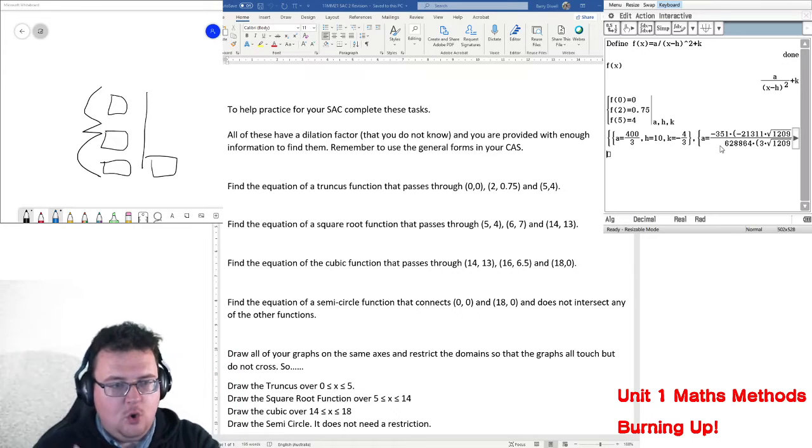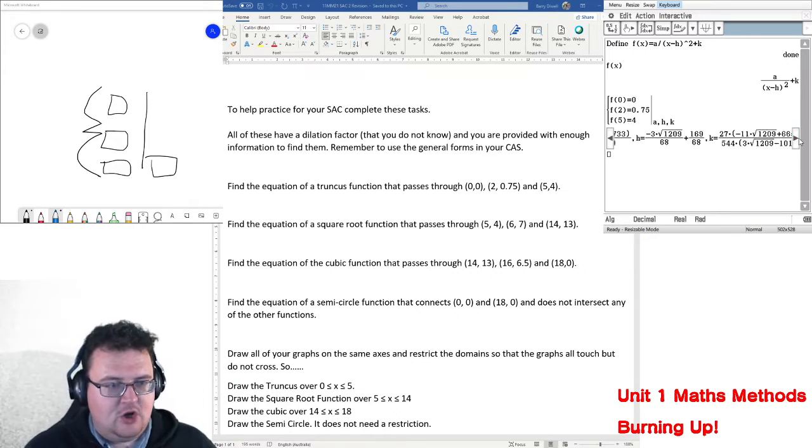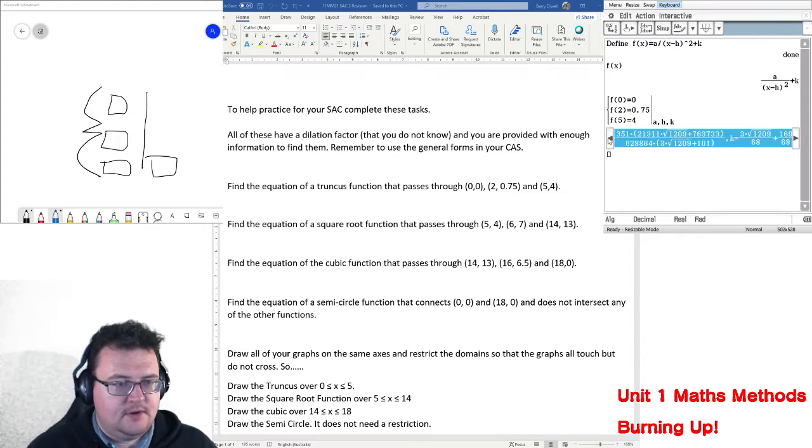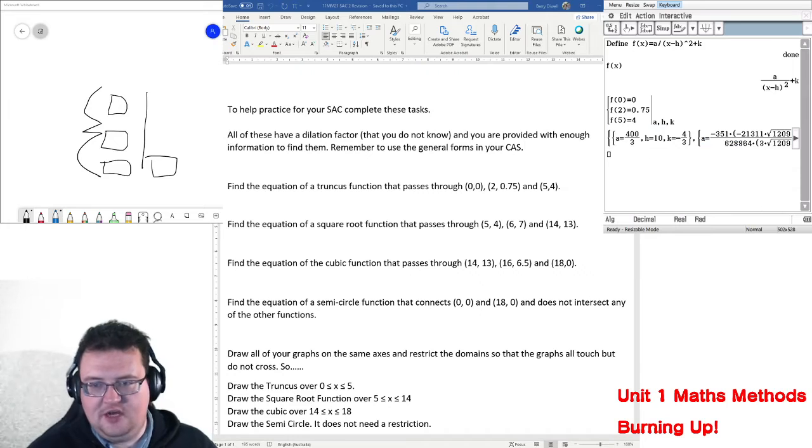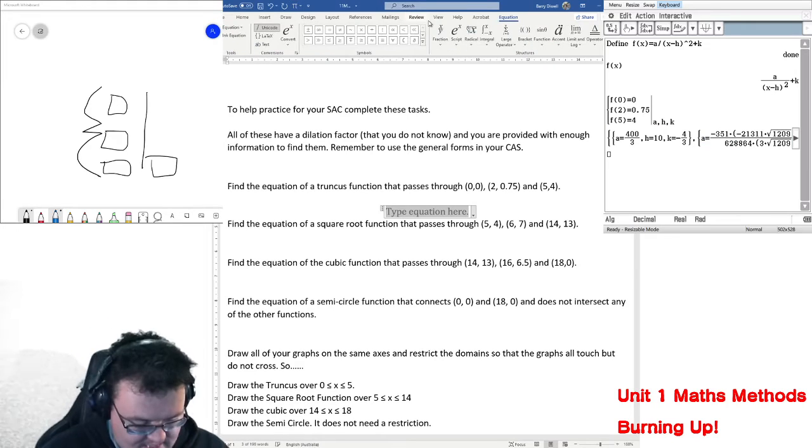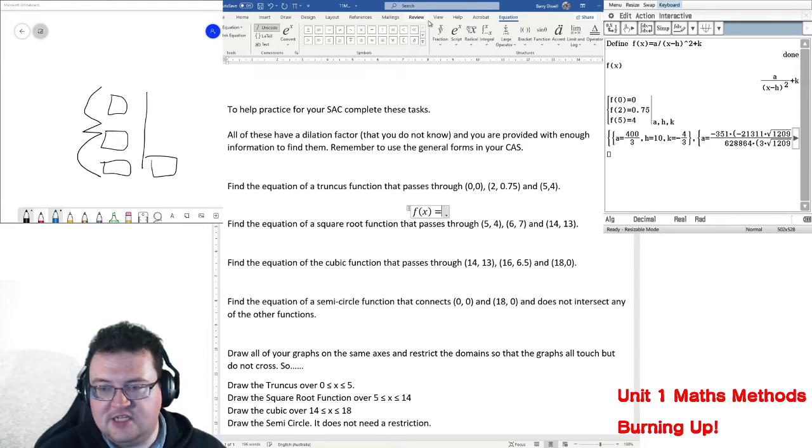Therefore, we just ignore the big mess, and we just worry about the values that we've got here. So, in the document, I would say f of x is equal to a.